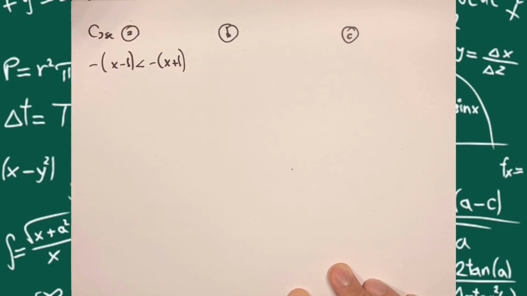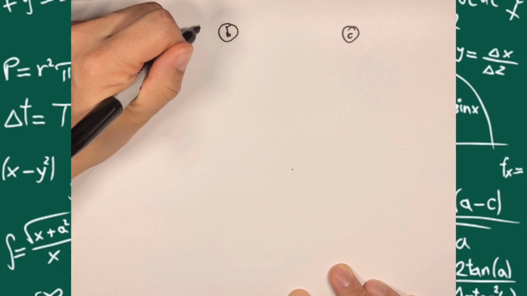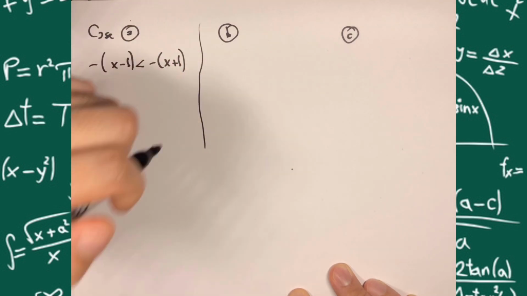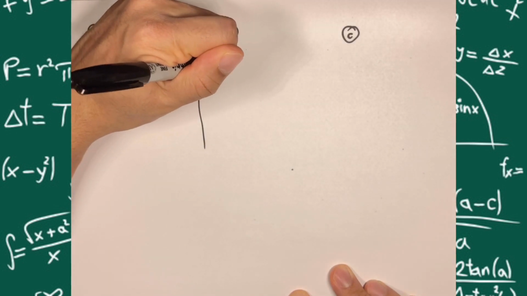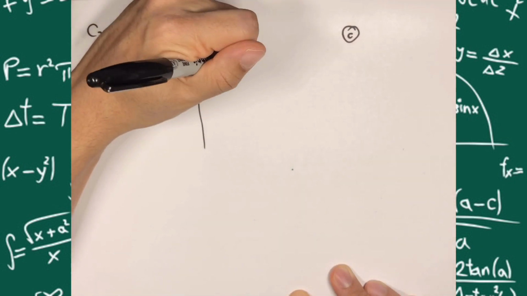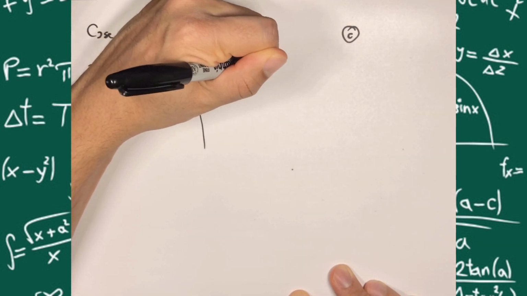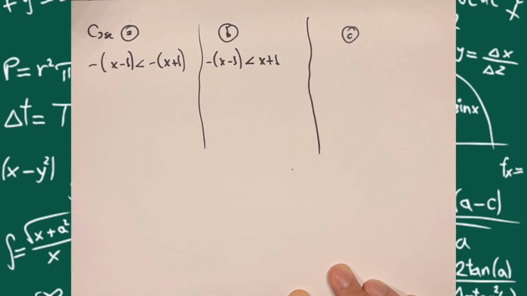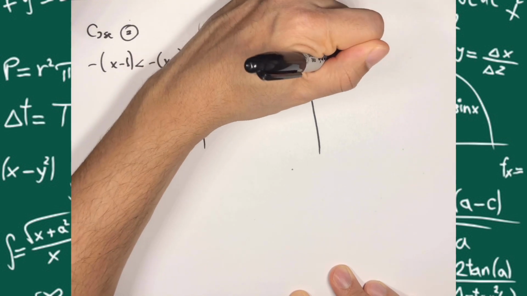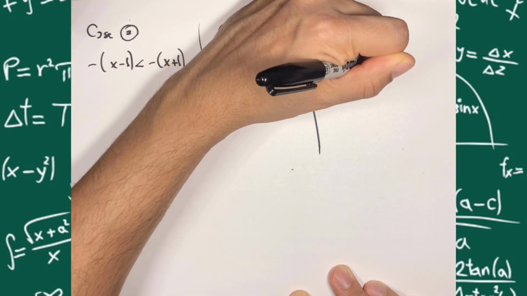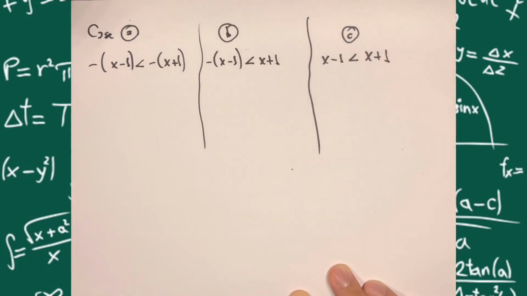That is following the definition that we saw before, picking the right interval and the right portion of the function that belongs to that area. For case B, which is from -1 to 1, we're going to choose minus parenthesis x minus 1 less than x plus 1. And for case C, we're going to choose x minus 1 less than x plus 1.